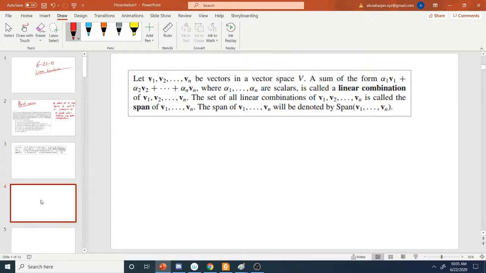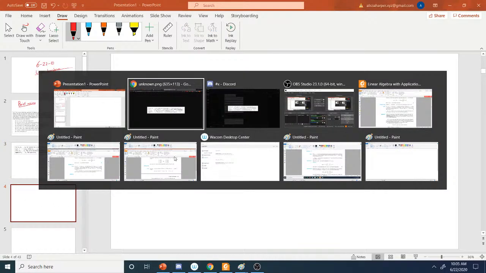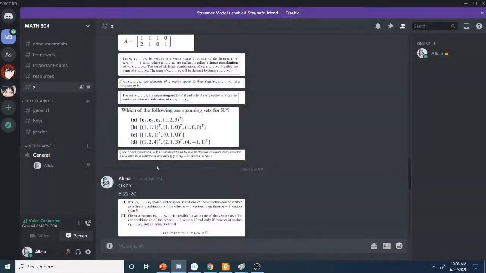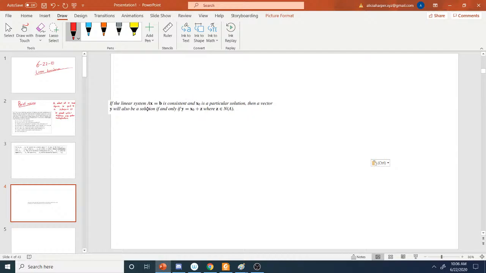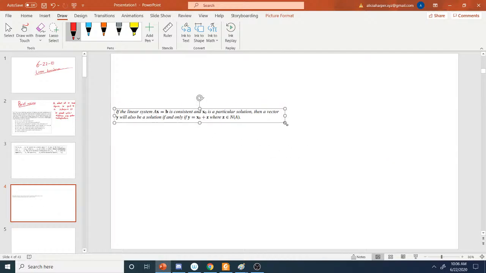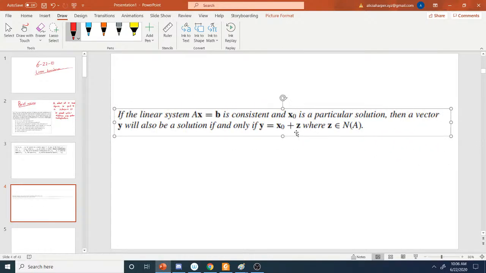So here is a nice result on null spaces. Let me just recall it for you. What is a null space?